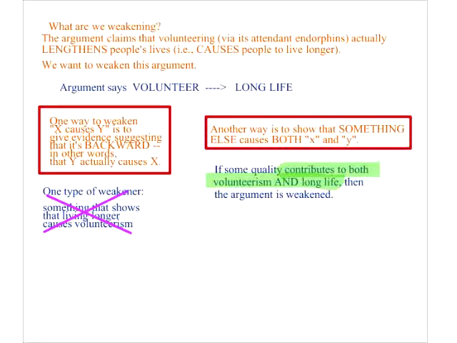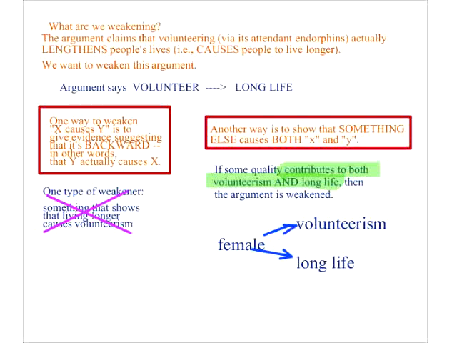So what we're saying here is that you have volunteerism and you have long life. But in this case, it's female that causes both of these things. So not the volunteerism itself. There's a better arrow.